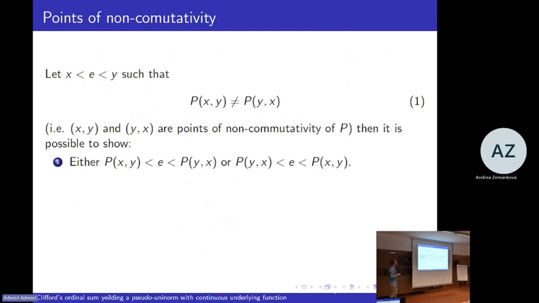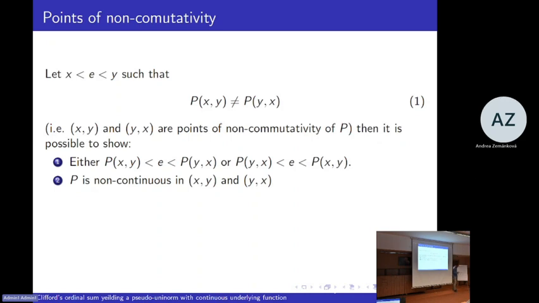Moreover, the non-continuity occurs in some sense in x and y in those points, since it can be shown that for a pseudo-uninorm with continuous underlying functions, in these sections there is at most one point of non-commutativity, and since this inequality holds, it has to start in some of the points, and it's a point of non-commutativity.